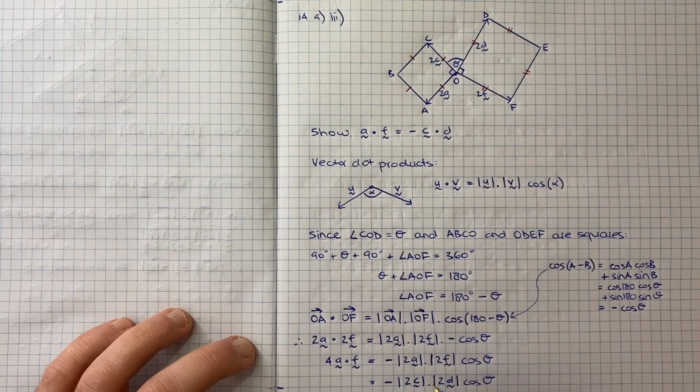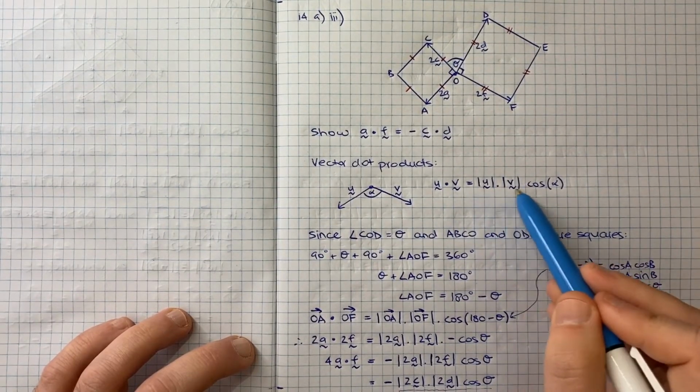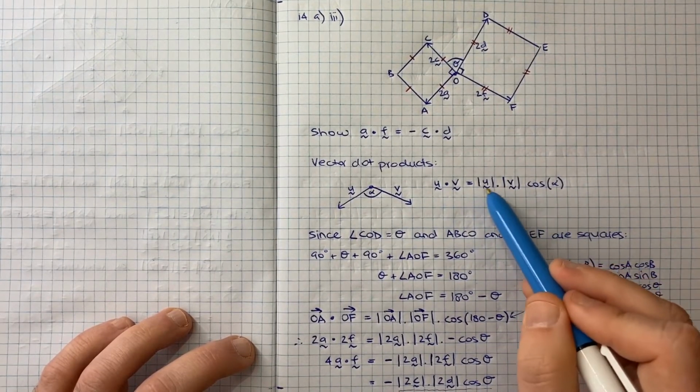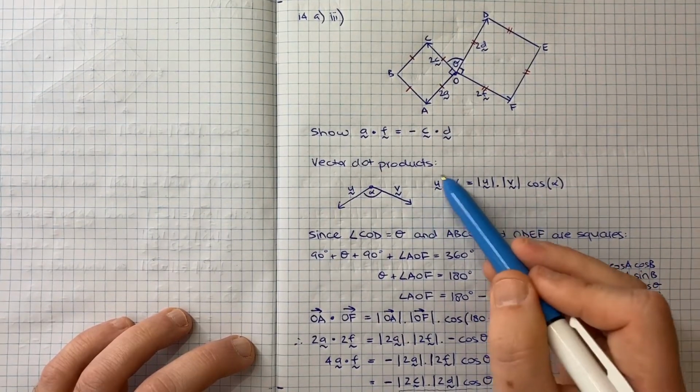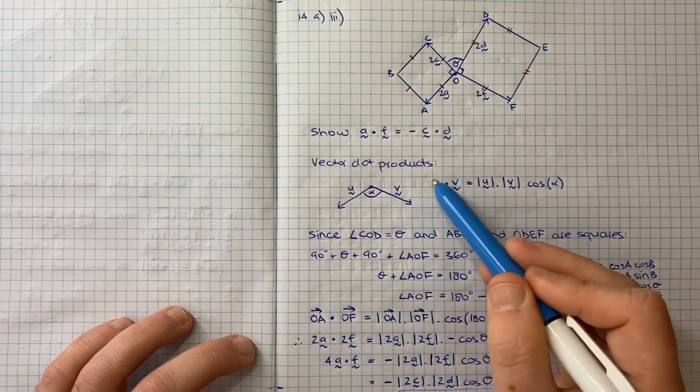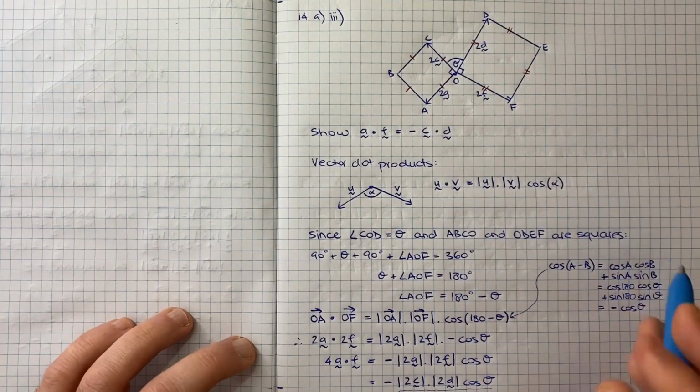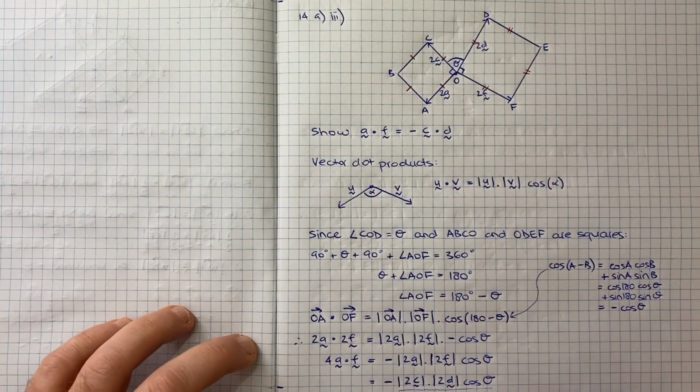Now, this bit here is the right-hand side of our dot product rule. So we can now insert the left-hand side of our dot product rule, and that's totally valid. Now, I might have to turn over at this point, so let's just keep going.